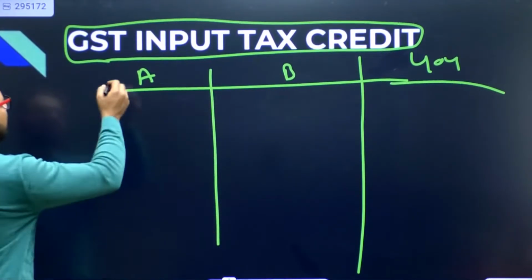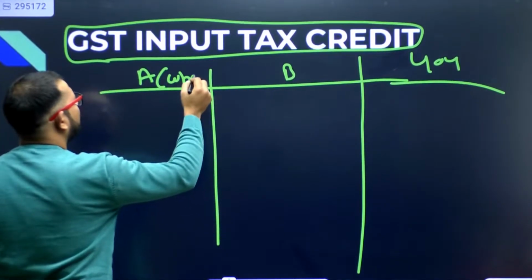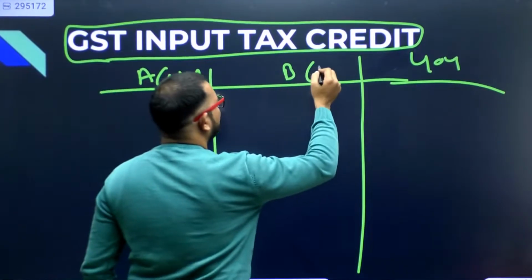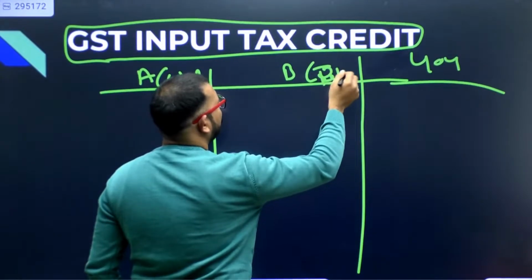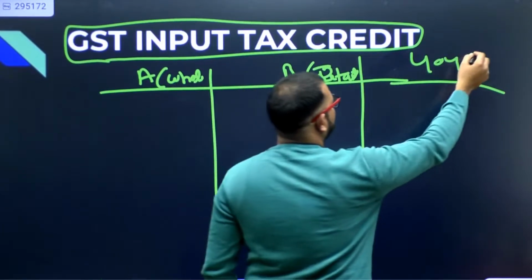So let's say A is a wholesaler, B is a retailer, and U is a consumer.